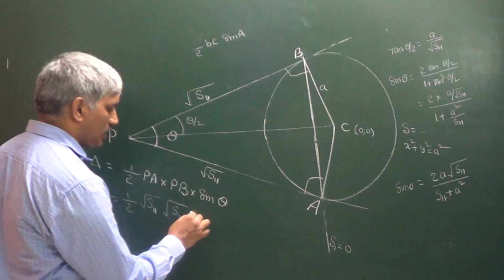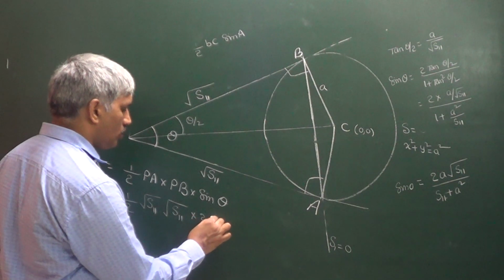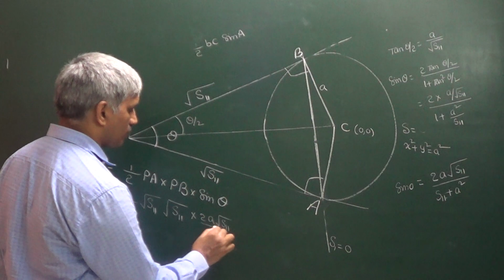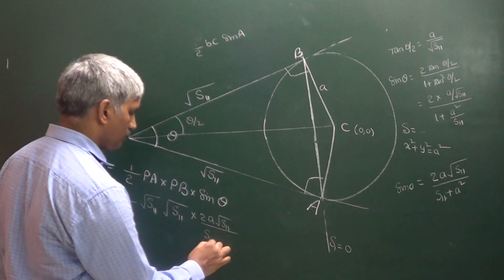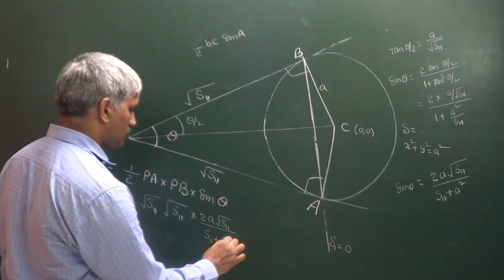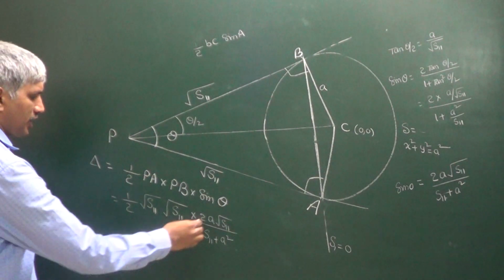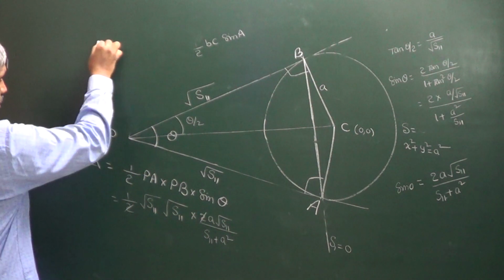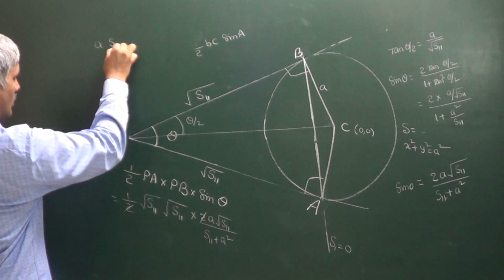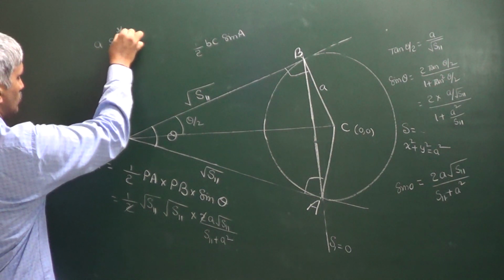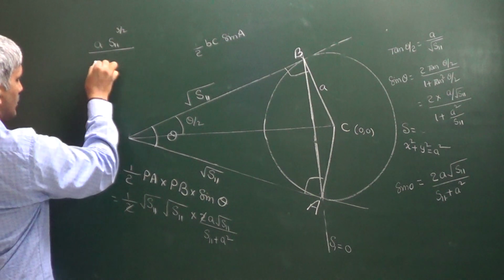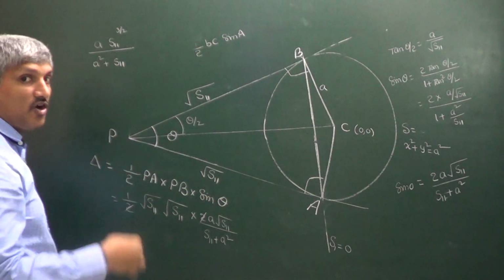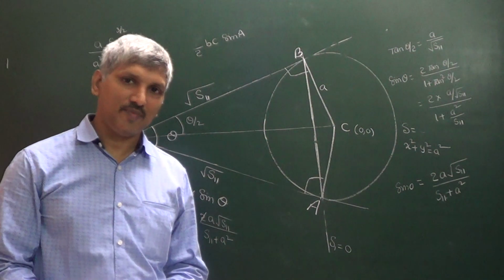And just now we got sin theta value is equal to 2a into root over s11 divided by s11 plus a square. Now here 2 and 2 get cancelled, so we are getting a into s11 power 3 by 2 divided by a square plus s11. That is the area of a triangle PAB, right?